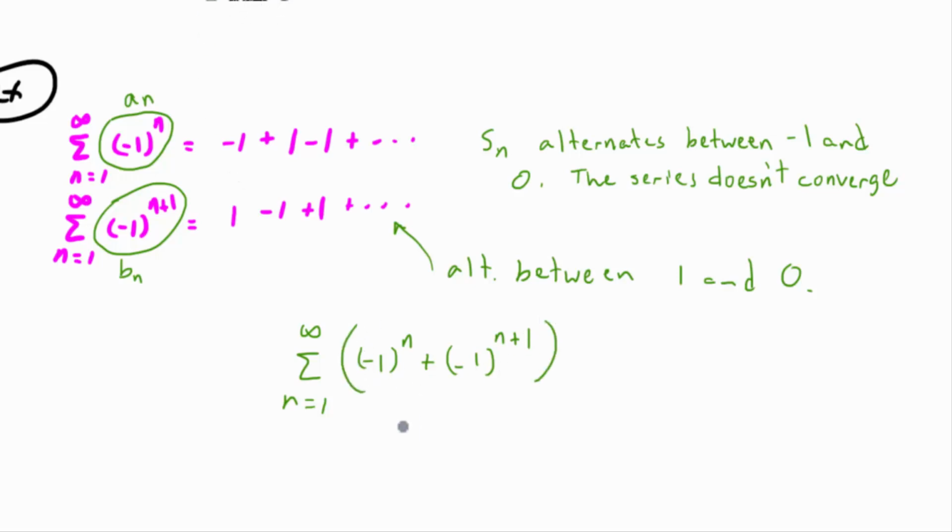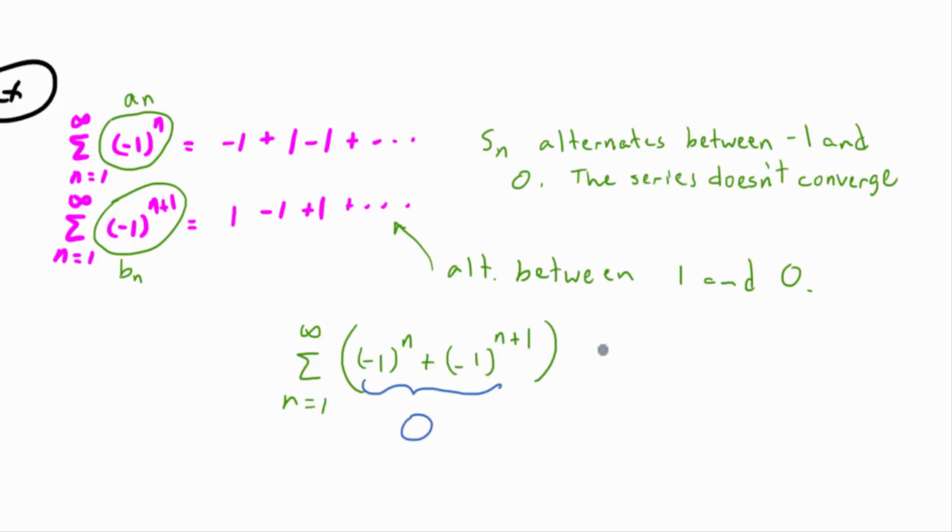What is S sub n going to be for all n? Since you have an even exponent and an odd exponent, depending on what n is, one of the exponents will be even, one will be odd. Which means you're going to have a negative 1 plus 1, one way or another, in any particular term of the series, right? So this is 0 for all the terms.